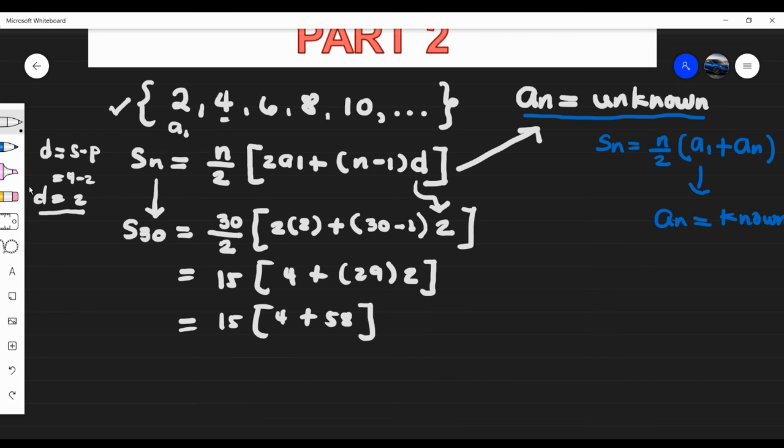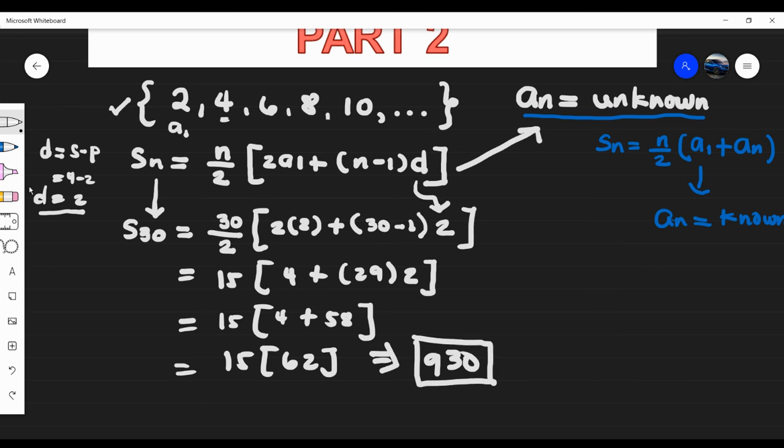And then adding it to 4 becomes 62. So 15 times 62. If you have your calculator, you can multiply it. 15 times 62 is 930. So therefore, the sum of the first 30 terms of this given sequence is equal to 930.